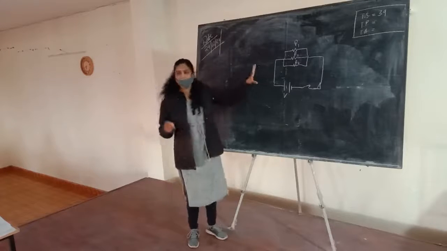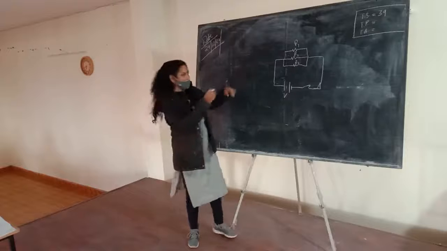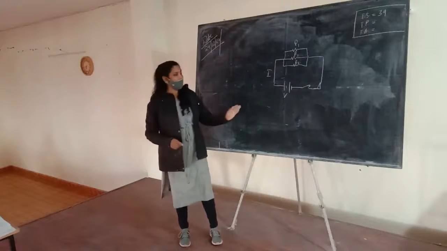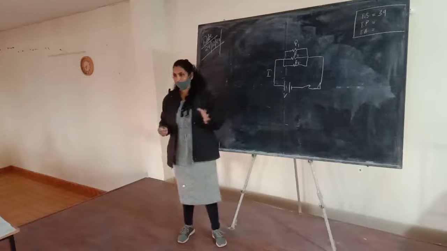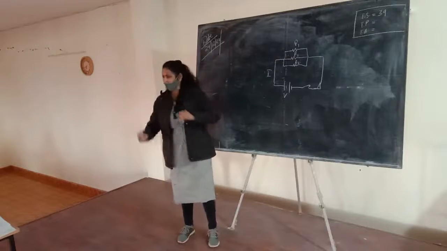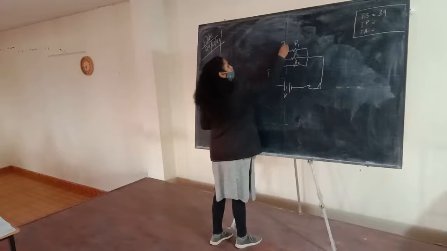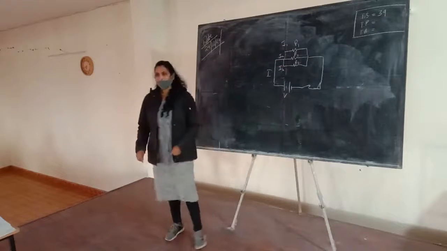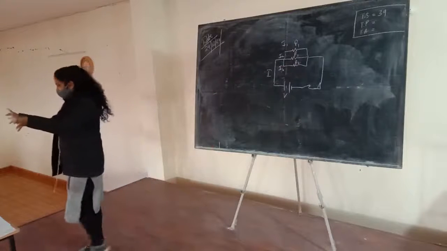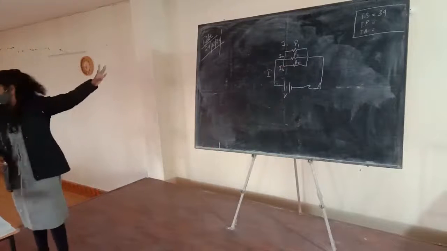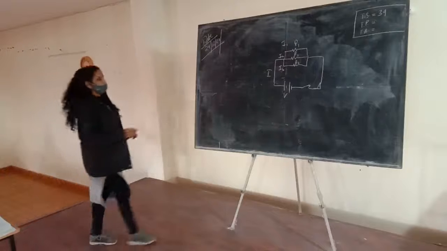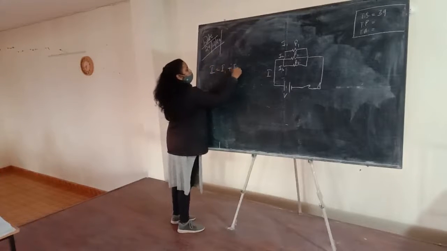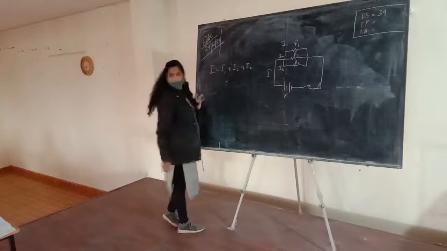Now, let the current flowing through this whole circuit be I. This is the current. And since the current will pass through these three resistance wires, it will divide into three parts. So I am writing it like I1, I2 and I3. In parallel, current is divided into different parts, but the potential difference remains the same. Okay? So we know that I is equal to I1 plus I2 plus I3.